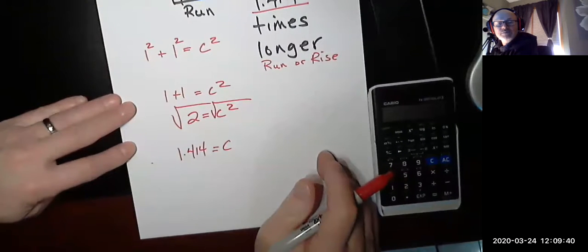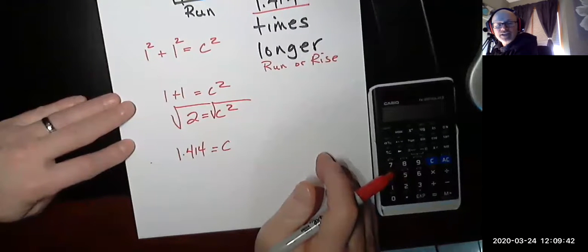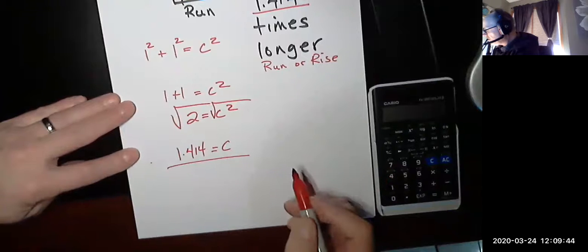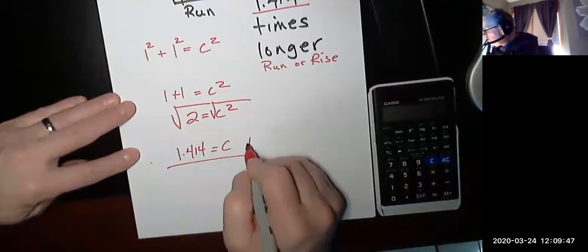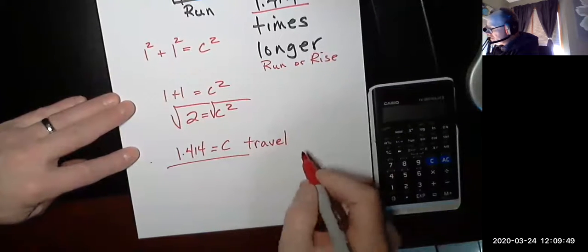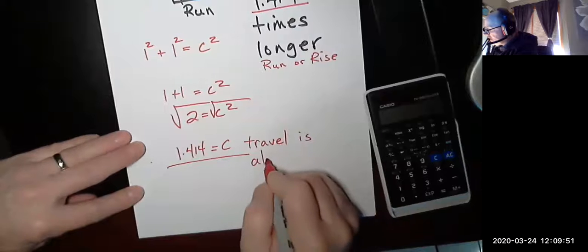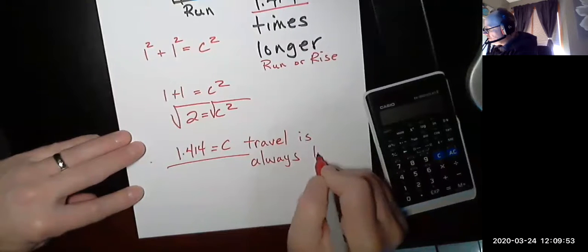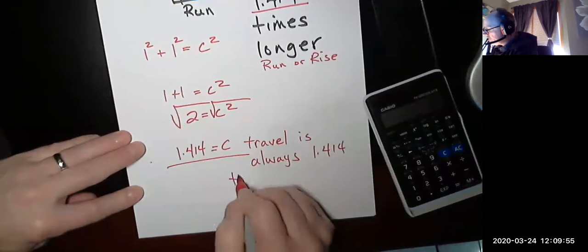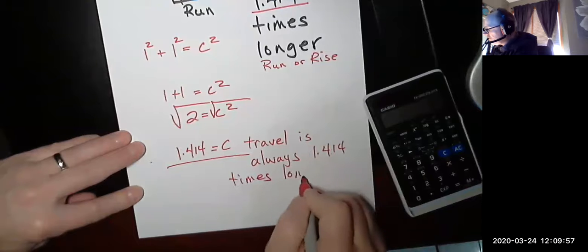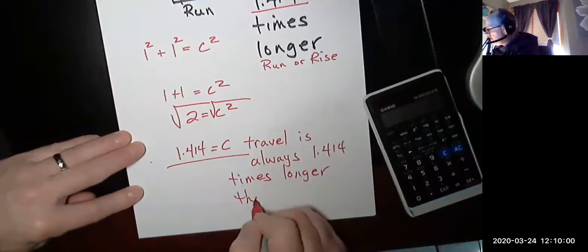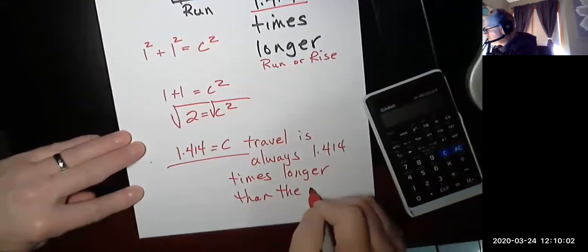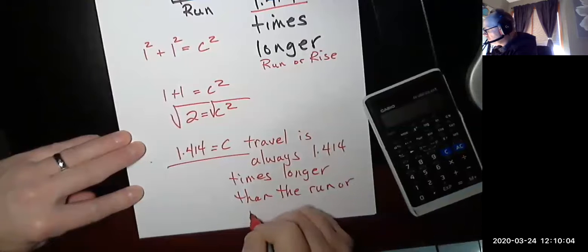So we always maintain that. We always have that. That's our constant number. Travel is always 1.414 times longer than the run or rise.